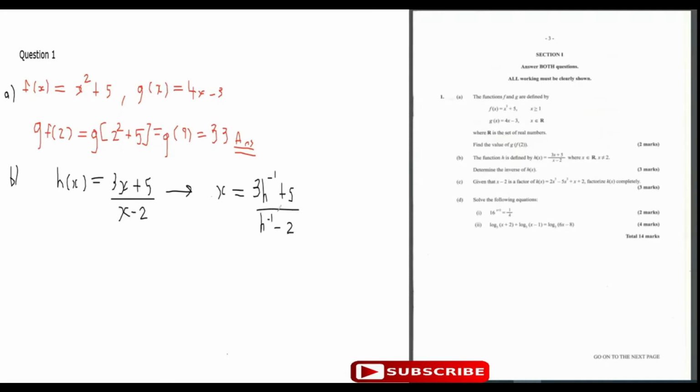We're trying to make h inverse the subject, so cross multiply. We get xh inverse minus 2x is equal to 3h inverse plus 5.